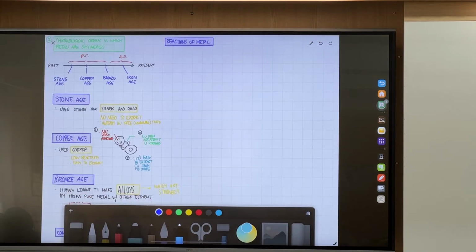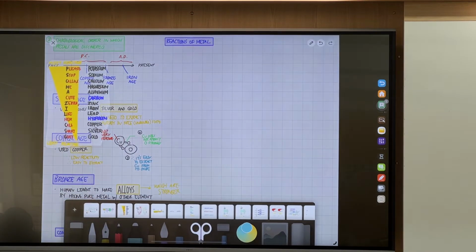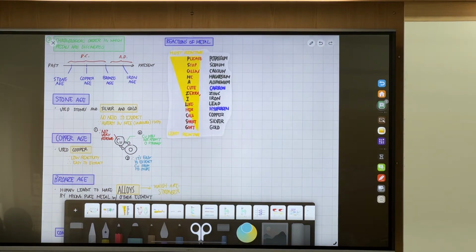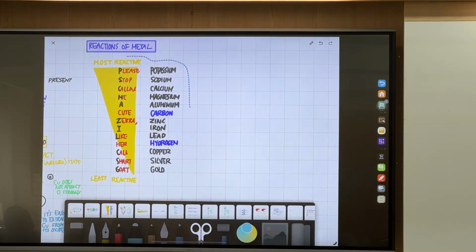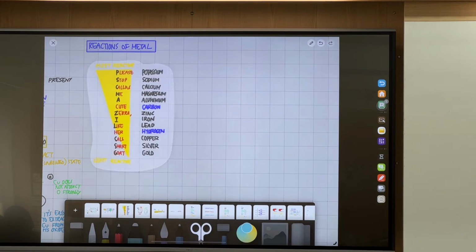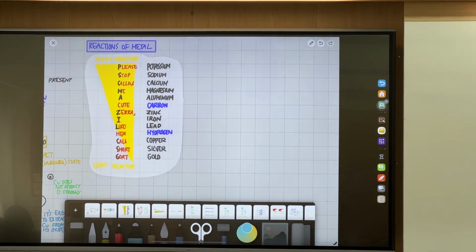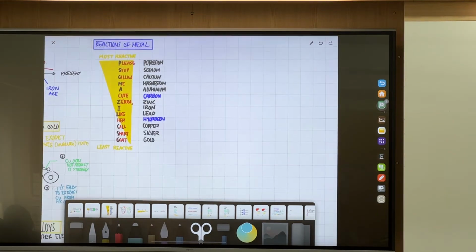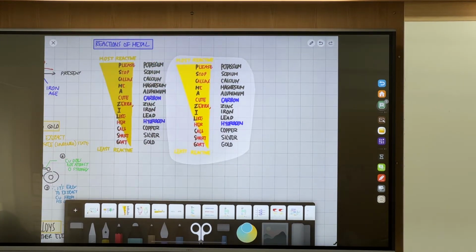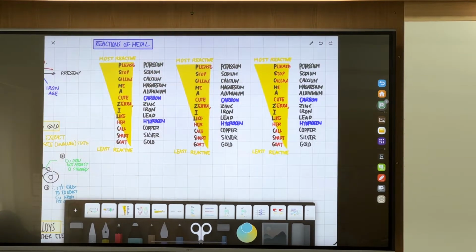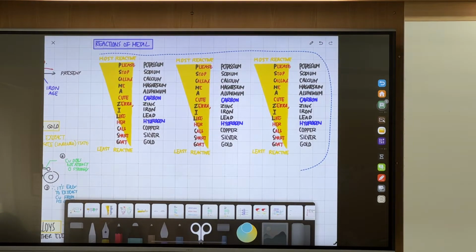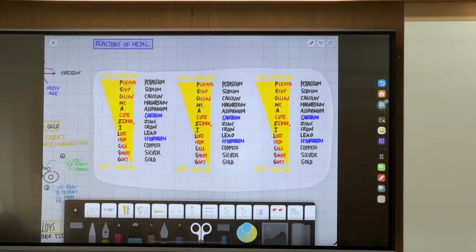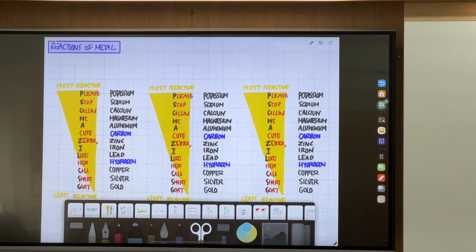First, I want you to copy this once more. But if you cannot, then just write down the symbols. We have here different metals of different reactivity, and some of them can react with oxygen, some with water, some with acid. So can you create three titles here?